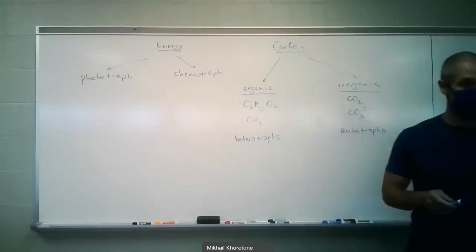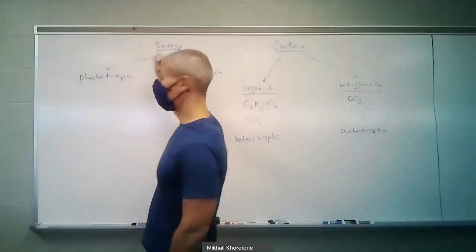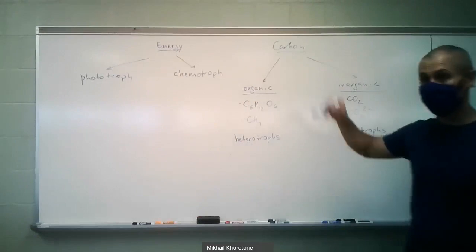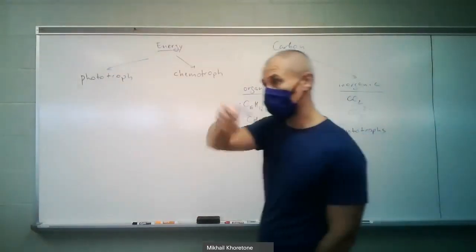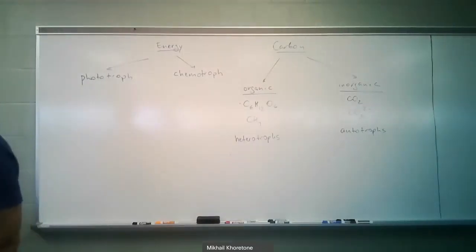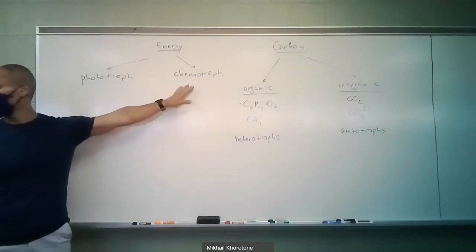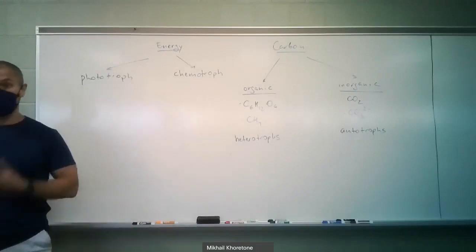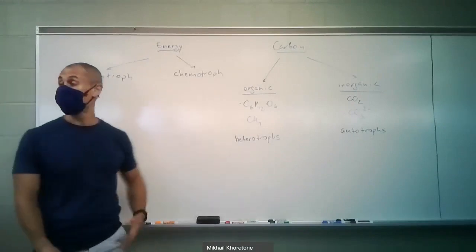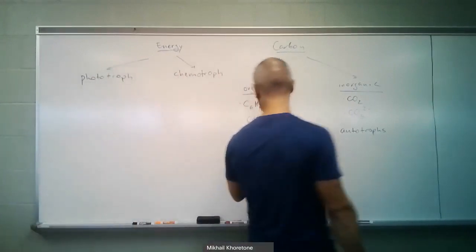Now look what happens when we characterize a microorganism based on its energy source and carbon source. Take bacteria that you are growing on your plates. Where do they take energy from? They take it from the nutrients in the plate. So they are chemotrophs. Where do they take carbon from? They take it from the organic compounds on the plate. So they are heterotrophs.